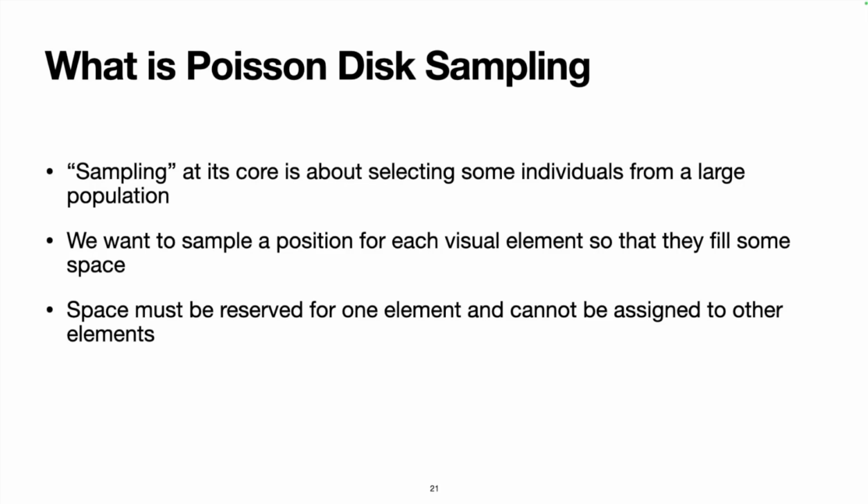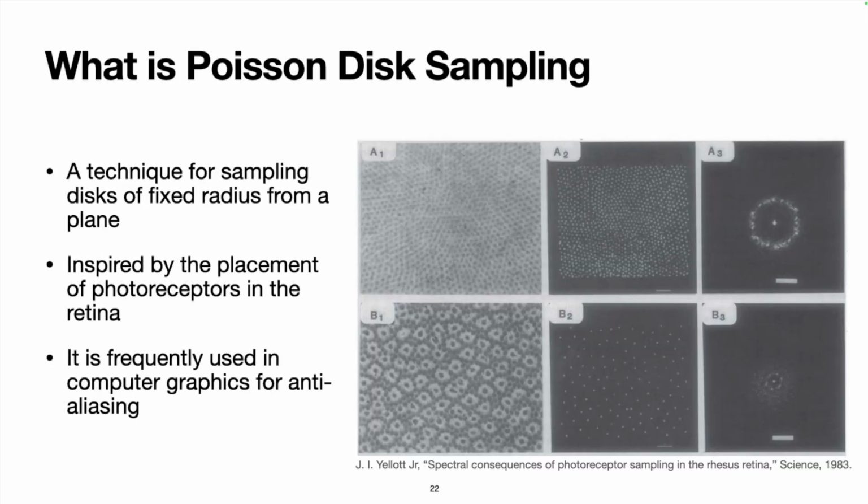And this is essentially what Poisson Disk Sampling does. As a technique, it was inspired by the way that photoreceptors are placed in our retinas. It's also used in computer graphics for anti-aliasing and supersampling, and also in medicine, because it's a sampling approach that appears in nature as well.